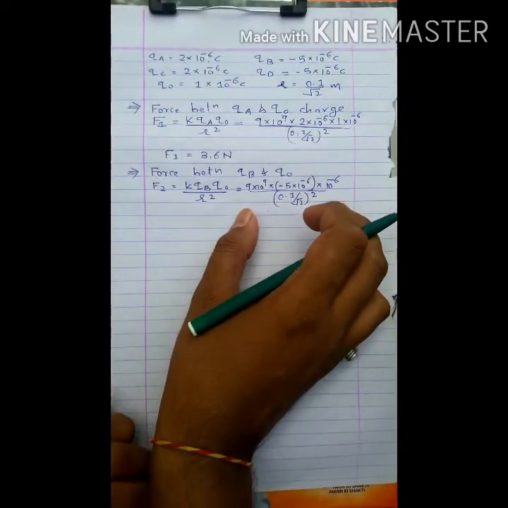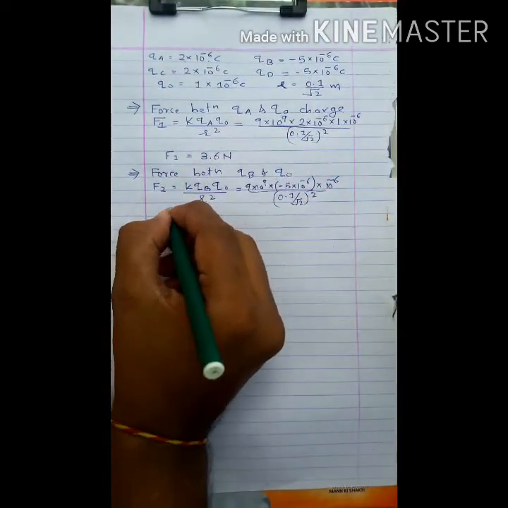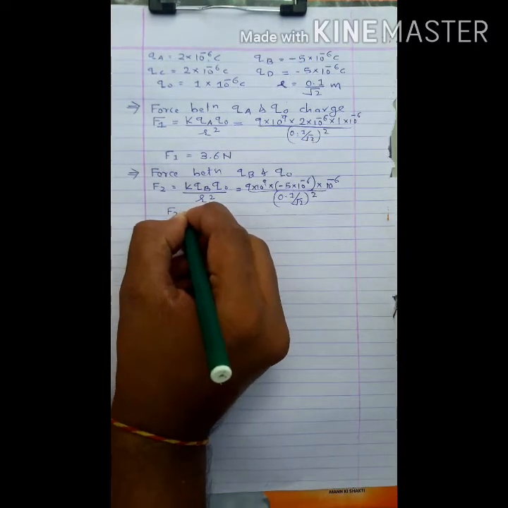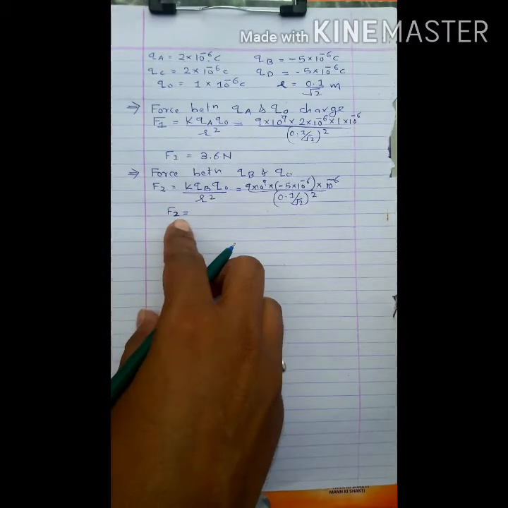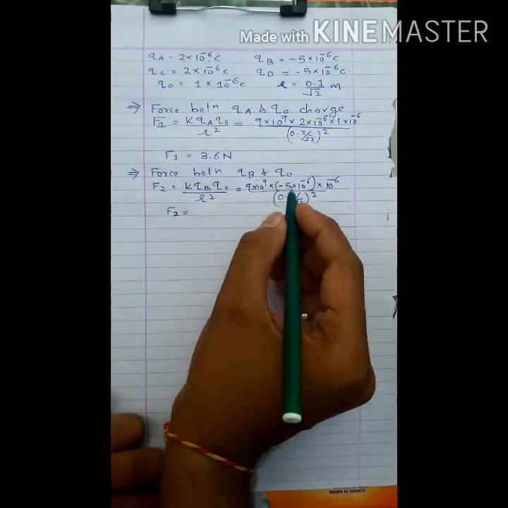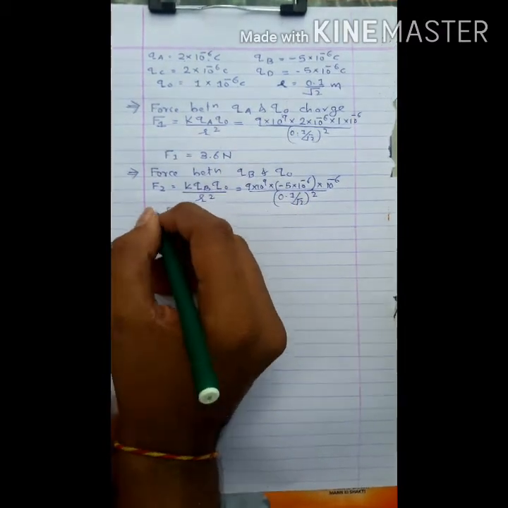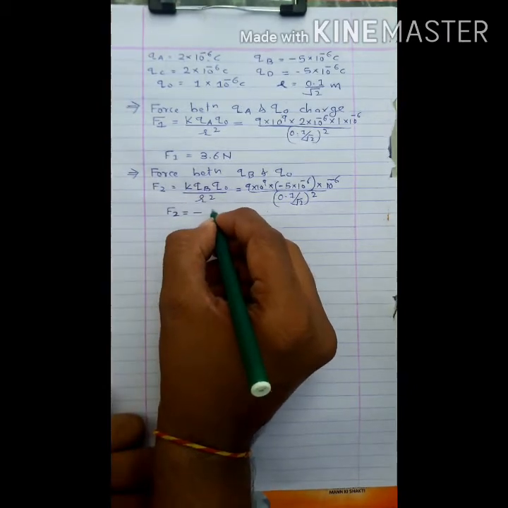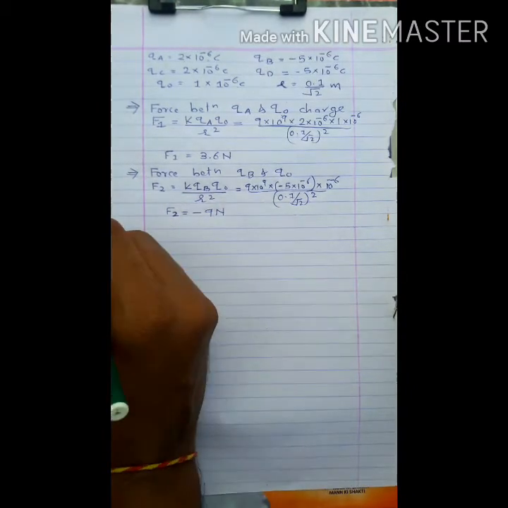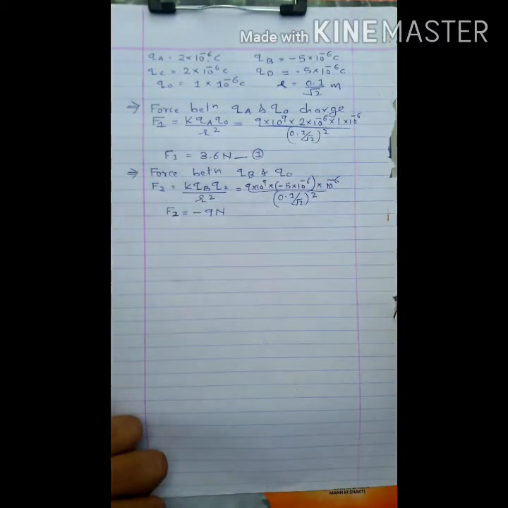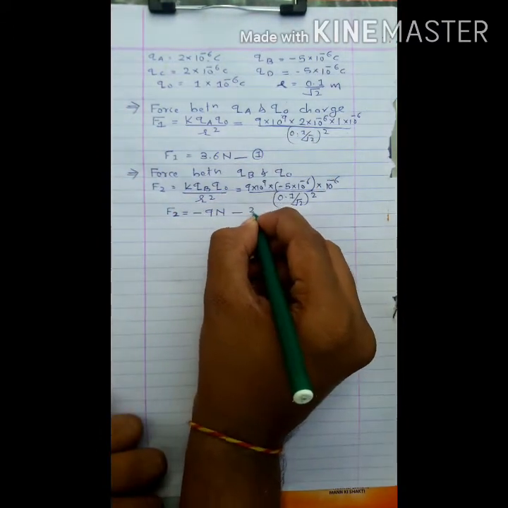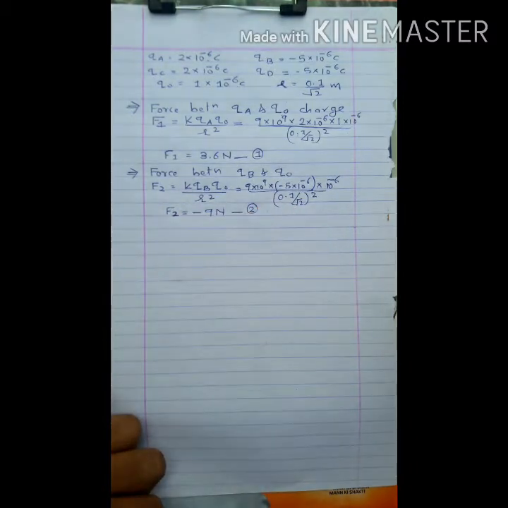Now find the solution. F2 is the force acting on the middle charge due to the second charge, QB. Here we have a minus sign, so our answer is minus 9 Newton. So the first force F1 is equal to 3.6 Newton, and the second force F2 is equal to minus 9 Newton.